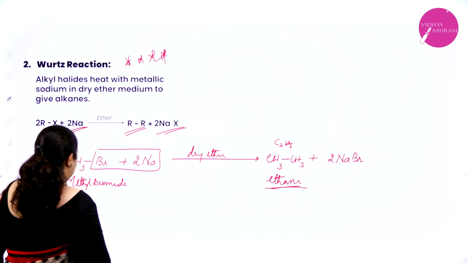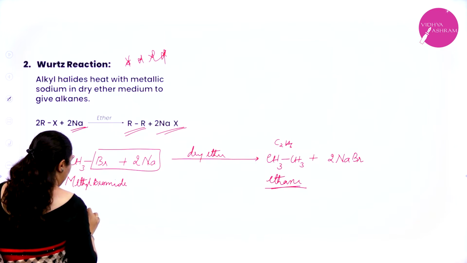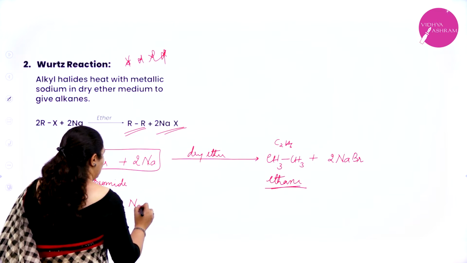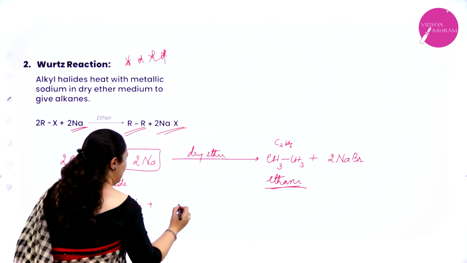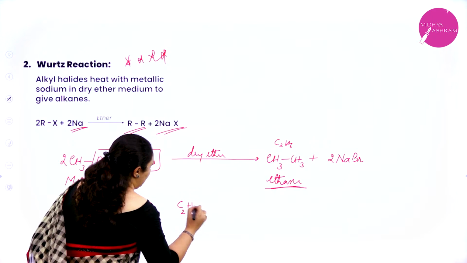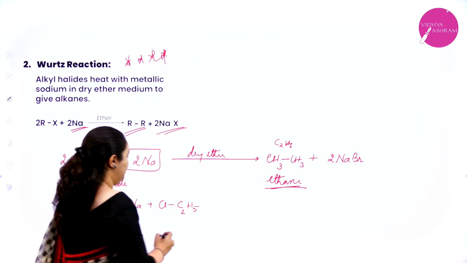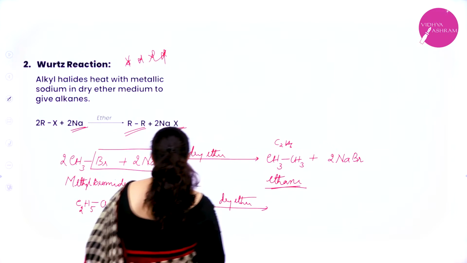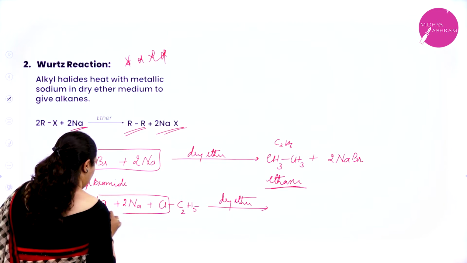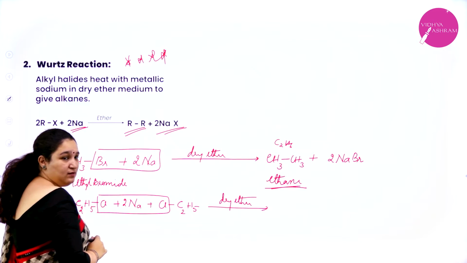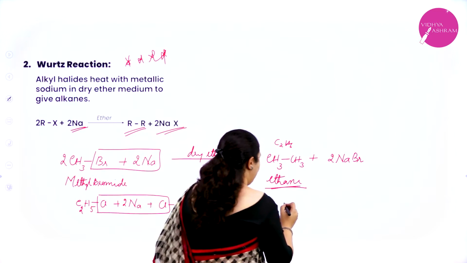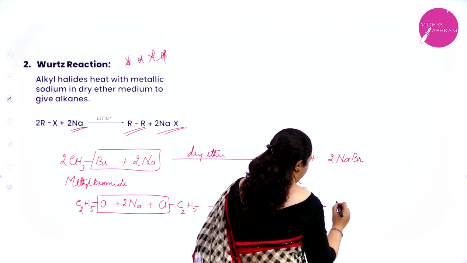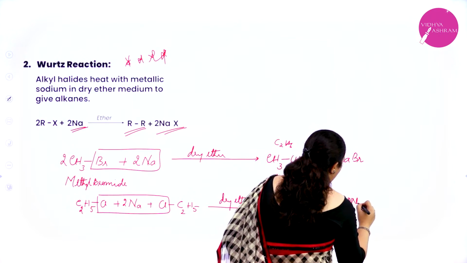There is one more method of writing the equation if you are not understanding how to write 2 and 2. Okay, I'll take one more example and explain. I'll take C2H5Cl plus 2 atoms of sodium plus one more C2H5Cl here like this. In the presence of dry ether, 2 Na and 2 Cl are removed, and C2H5 will get bonded to one more C2H5 group, and you are getting 2 NaCl.